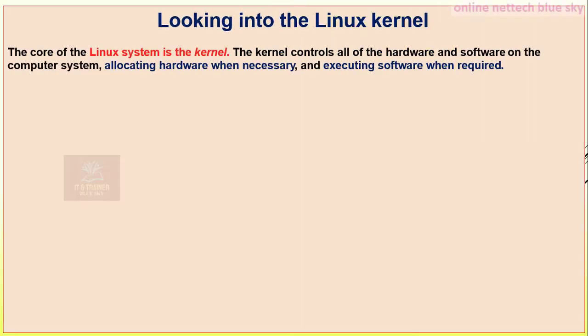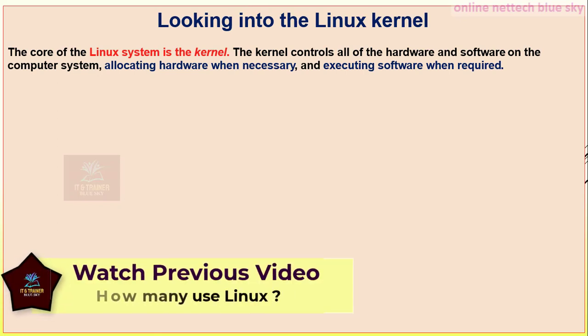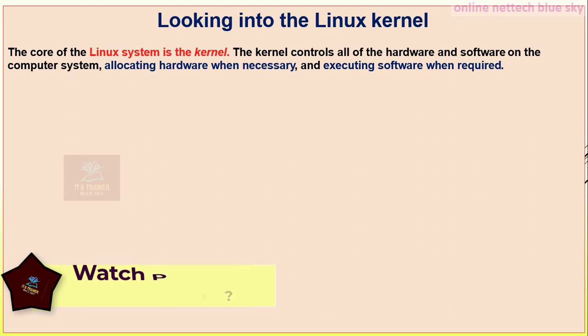First, you can see the core of the Linux system is the kernel. The kernel is the main part of Linux. Kernel means that when you press your computer's power button, it is the first thing that starts on your computer. It starts programs and different types of files.